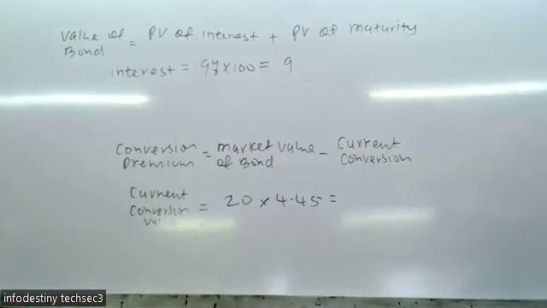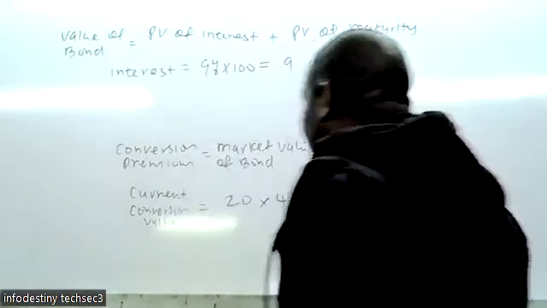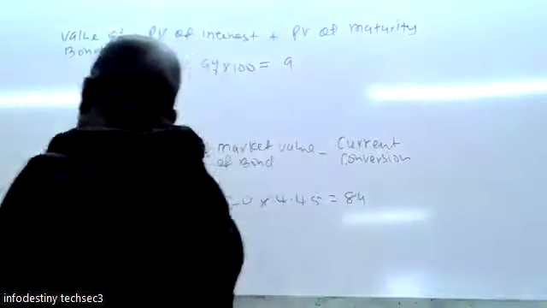So you take 20 multiplied by 4.45 and get 89.